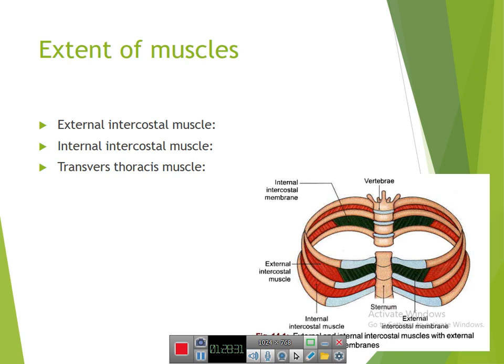Beyond the angle, internal intercostal muscles become continuous with the internal or posterior intercostal membrane, which is continuous with the anterior fibers of the superior costotransverse ligaments.